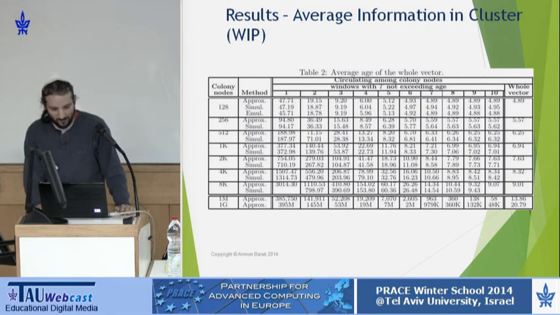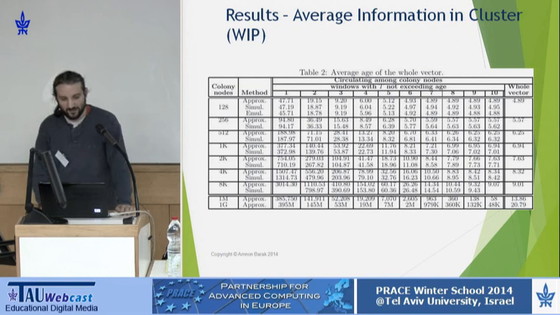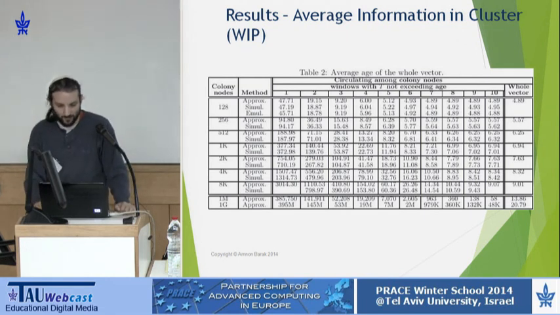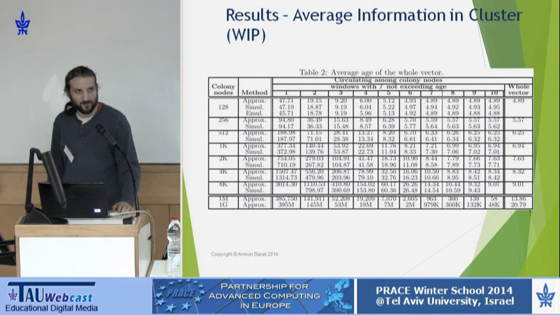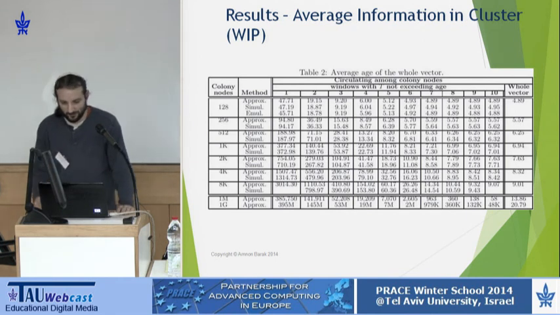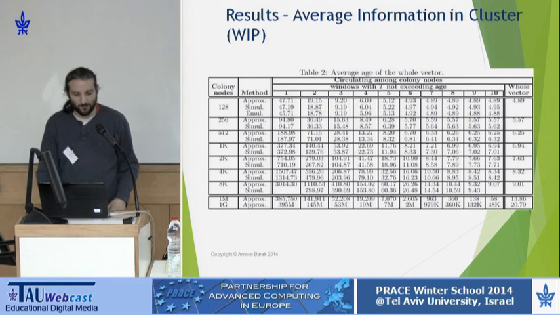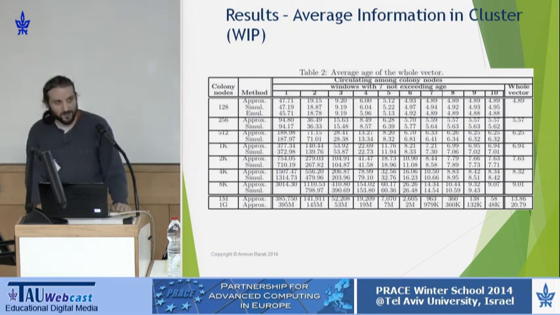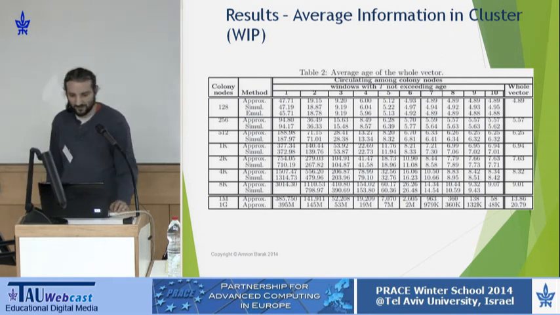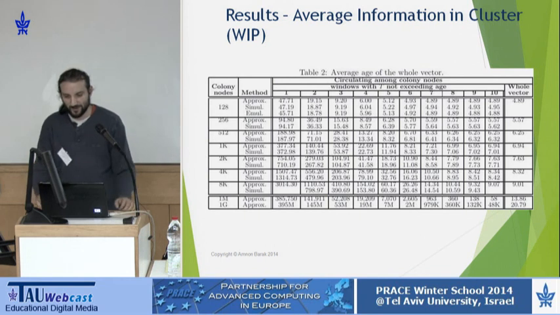So, for example, you can see that if you make T higher, then at some point it stops getting better. For example, we can see that in 7, in a colony of 128 computers. The reason is that at some point we start to send the whole vector that we have, and it can't get better than that.